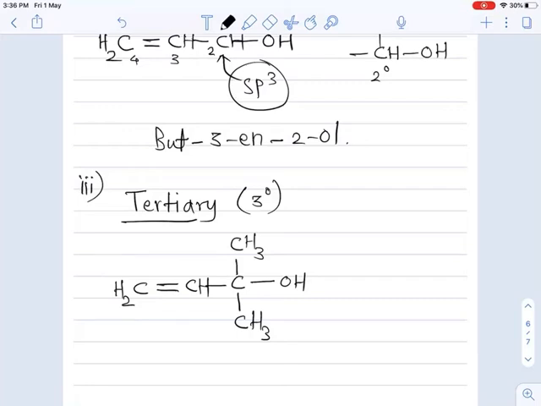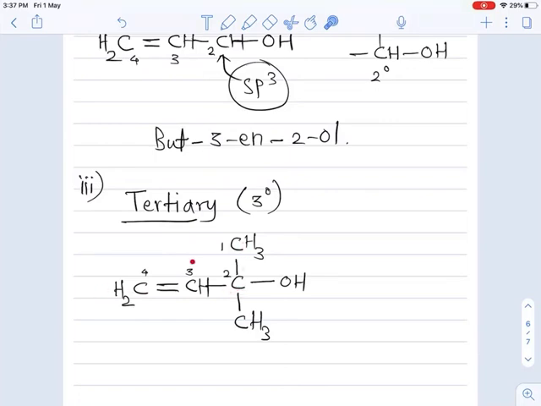Now number the chain to write its IUPAC name. If we number from this side, this is carbon number 1, 2, 3, 4, or from the other side we get the same numbering. Now see, this is carbon number 2, and here this methyl group is present, so we can write 2-methyl first, then the 4-membered continuous chain with the OH group.